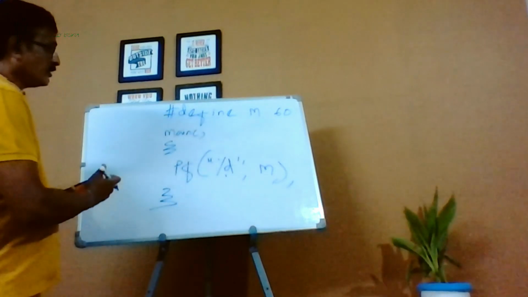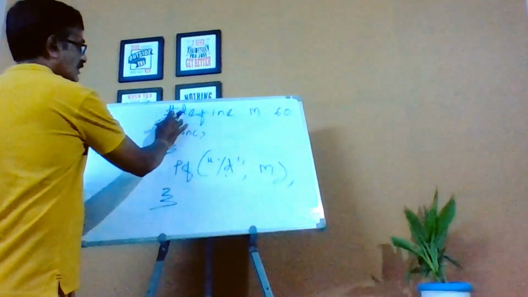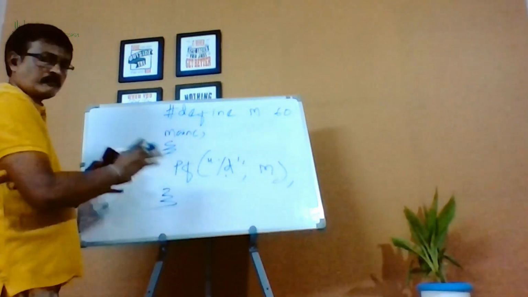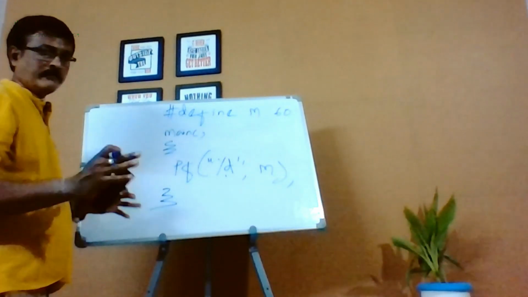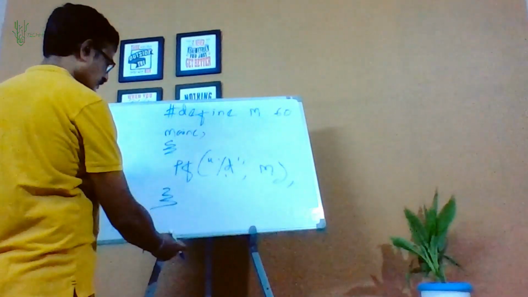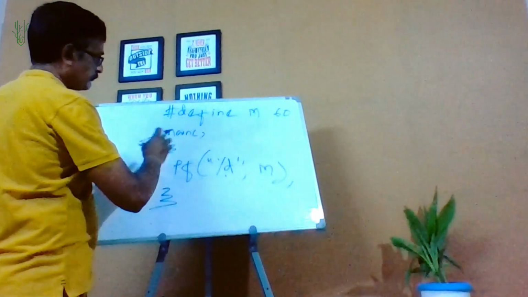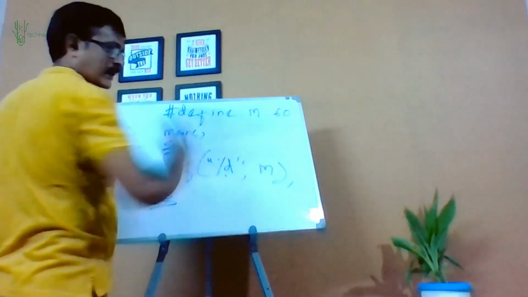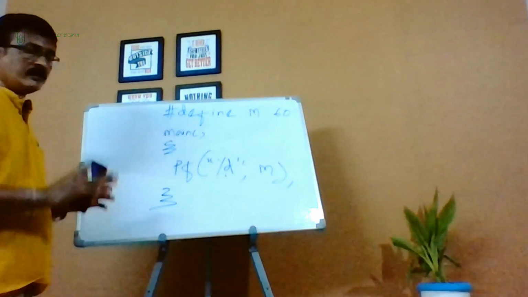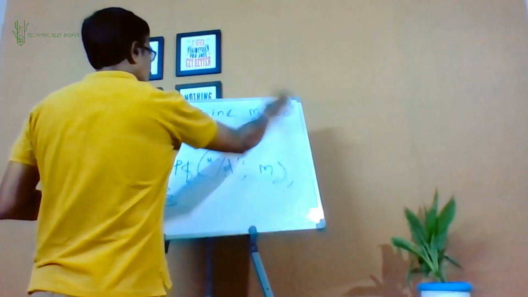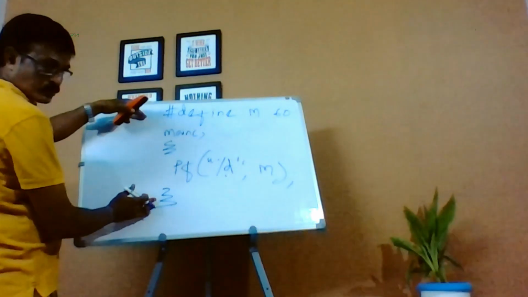Now, see this line. I'll explain it later on. All of you are almost familiar with this line, but still. M is called a macro. It's called a macro which carries a value 60. Now this is your source code.